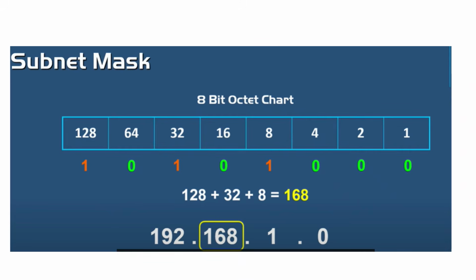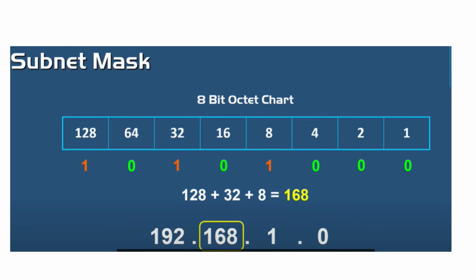Suppose you want to get 168, the next number. You have to consider the first 128. Then if you add the next 64, your result will be more than 168, so you have to leave out 64. Then consider the 32. So 128 plus 32, now you have 160.